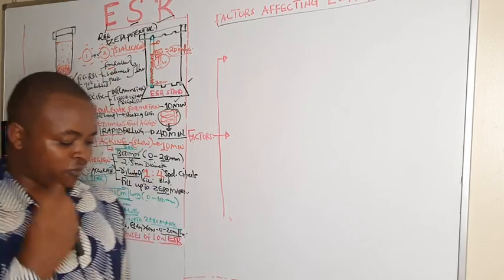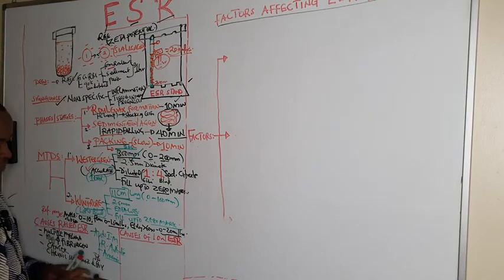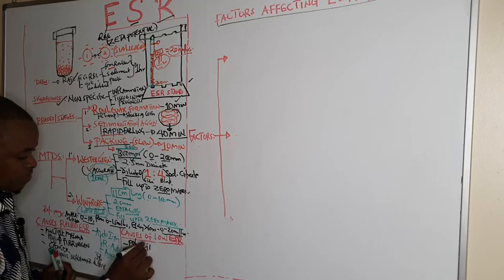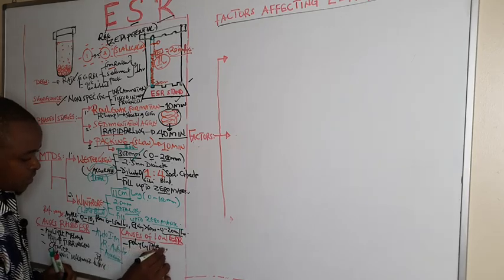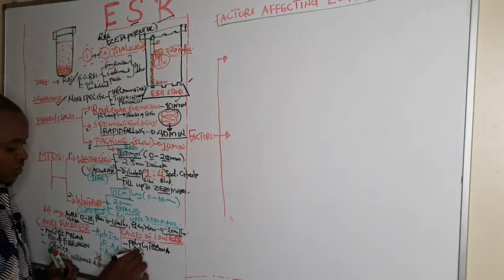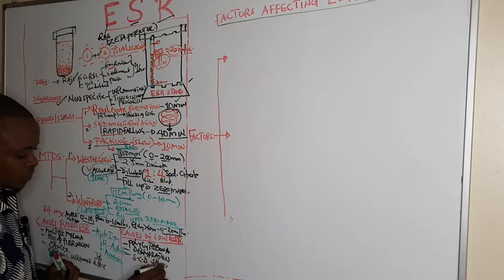Those factors which can cause low ESR results include polycythemia, that is high numbers of RBCs, increased RBC count, even dehydration, then sickle cell disease plus spherocytosis, like people with hereditary spherocytosis.